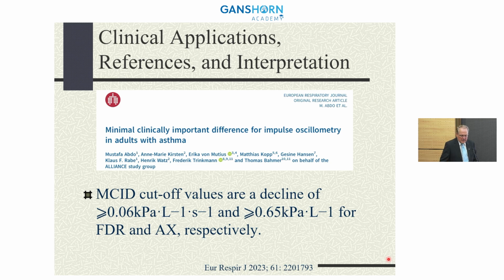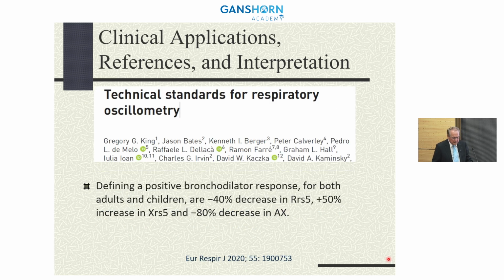But they looked at minimally clinically important differences and cut point values related to a decline in resistance and area of reactance. Also, in the technical standard that I alluded to earlier, they defined a positive response to bronchodilators as a decrease in R5 of 40% or an increase in reactance of 50%.